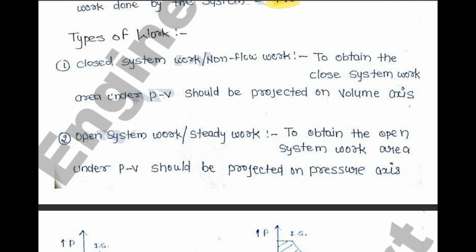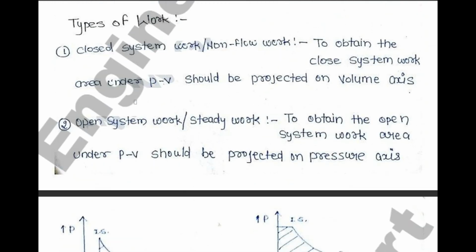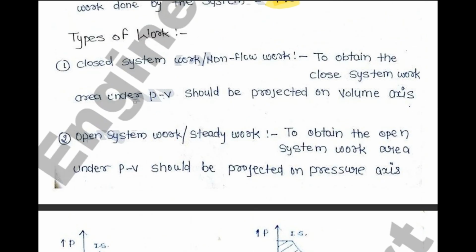What are the different types of work? Let's discuss that. One is for closed system and another is for open system. For closed system, it is the area under the PV curve, and to be accurate, it is over the volume axis.